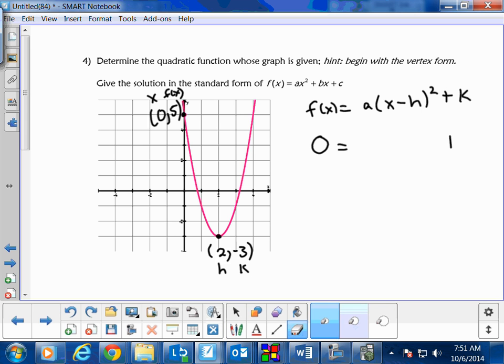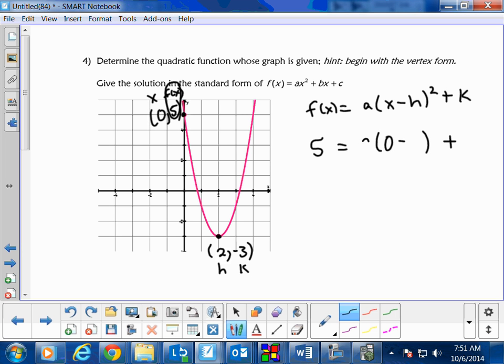I'm sorry about that. Let me correct that. This is going to be equal to 5, because that's the f of x. You see how f of x is equal to 5 right there? And the x is going to be 0. Everything else is filled in. Now, a is what we're going to try to solve for in this case. So we have h equal to 2, and k, which is negative 3.